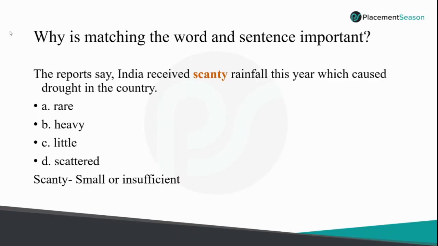Small or insufficient. So what could be the possible word? Scattered rainfall. So when does drought happen? Drought happens only when the rainfall is very less and it is scattered, which means one particular area does not receive good rainfall. So see, matching the word with the sentence helps you come to a better conclusion.